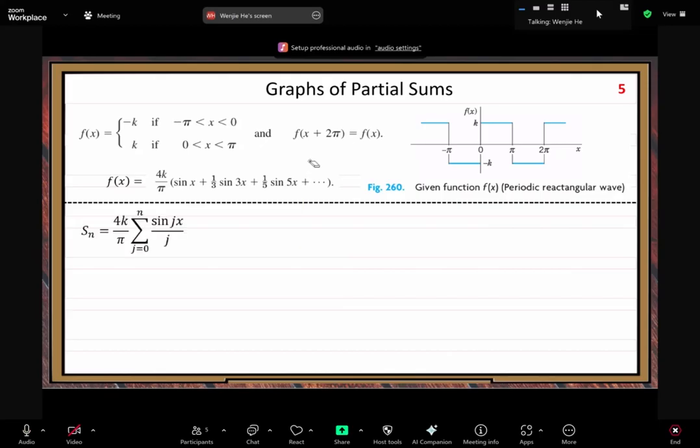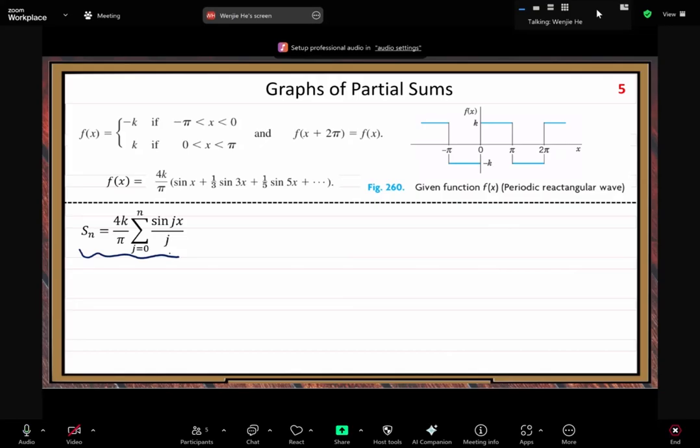So here we define the partial sum. This is the partial sum concept. Remember, in our power series, we do the partial sum. Here in our trigonometric series, we also do the partial sum definition. Then it is well defined, because you never need to worry about the convergence, right?